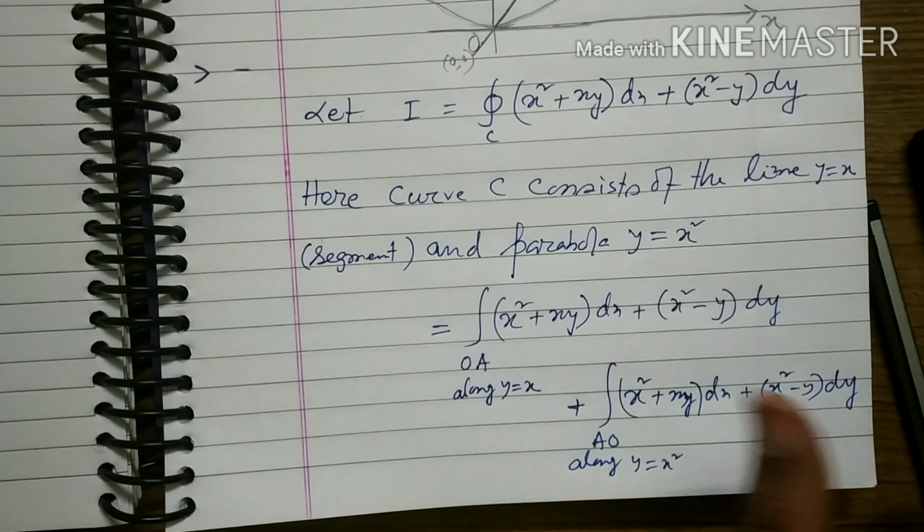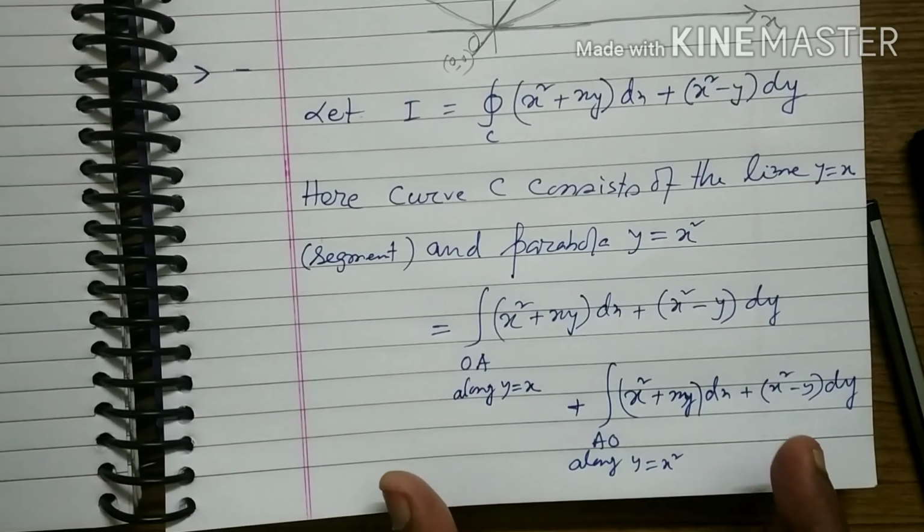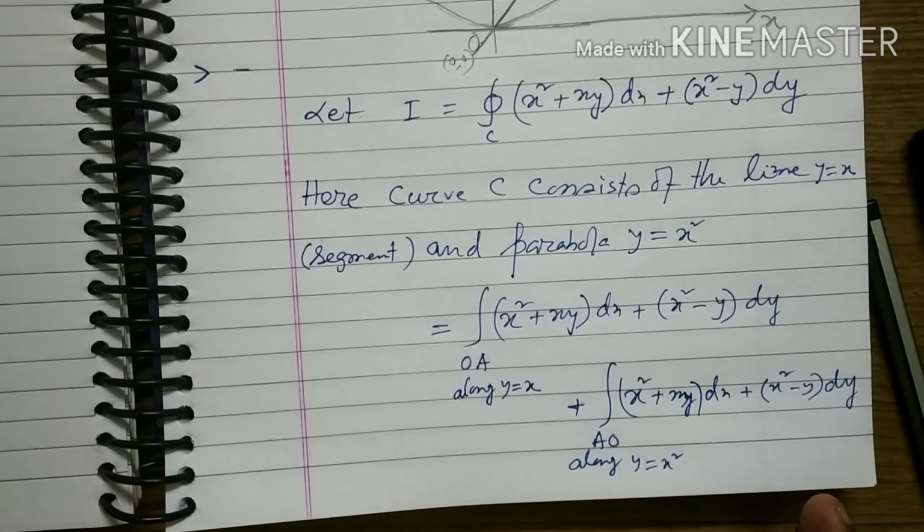So that means your given information is divided into two parts according to the curve.